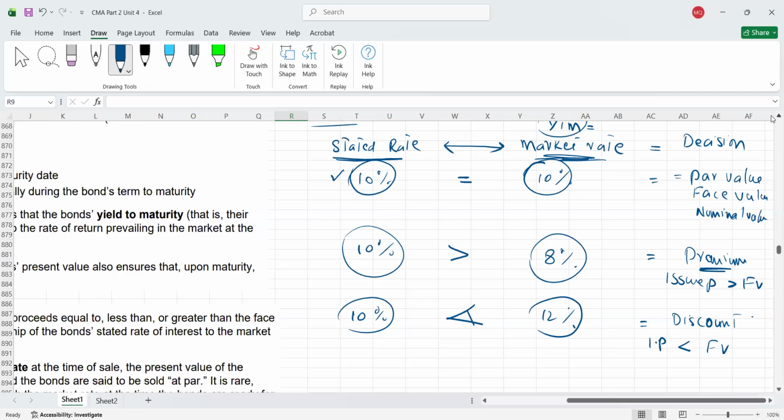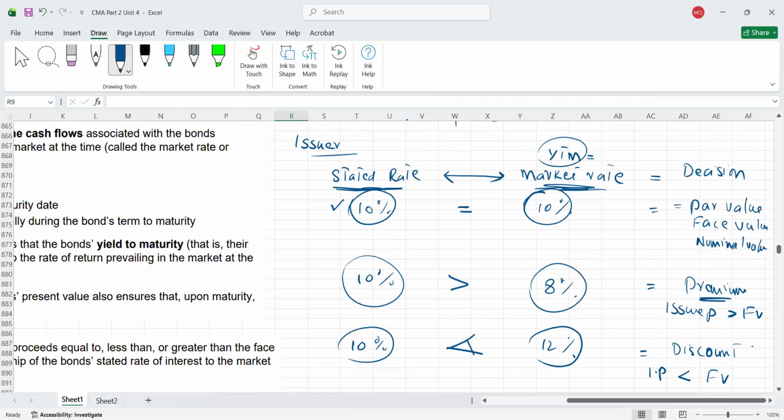Now you have to remember one more thing. When you compare the stated rate with the market rate to decide the issue price, whether it should be par value, premium, or discount, you are deciding this at the time of issue. For example, if I'm issuing bonds today, or trying to issue bonds within a week, I will check what rate is prevailing right now in the market, compare, and decide accordingly.